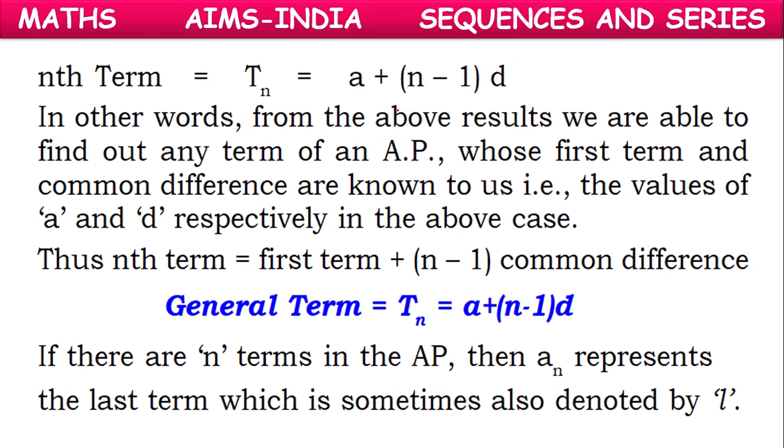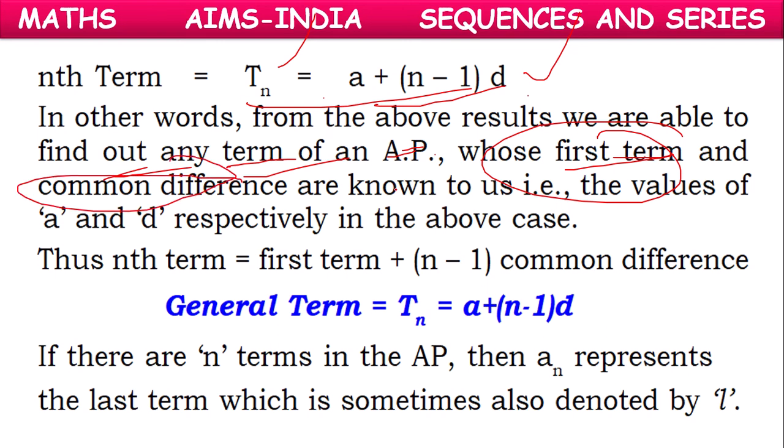So if the nth term is in this form, then the sequence formed will be in AP. With the help of this nth term, we can find any term in the AP. But the first term should be known and the common difference should be known.